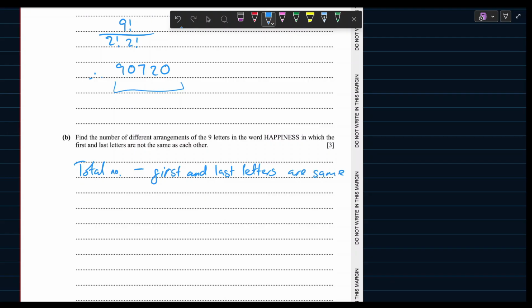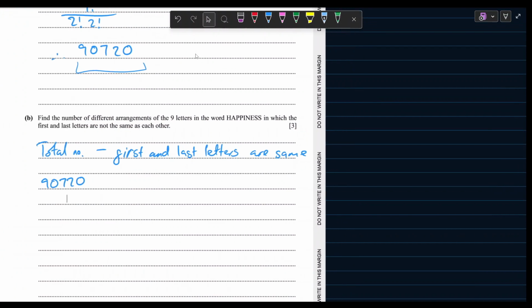Because if we remove the arrangements in which the first and last letters are the same, the only arrangements that remain will not have the first and last letters being the same. Okay, so the total number of different arrangements, that's part A, that's 90,720. Now we need to figure out first and last letters being the same.